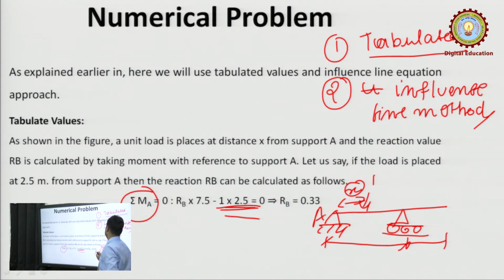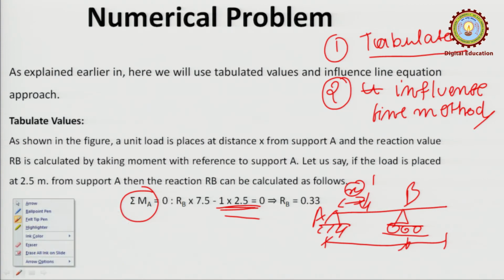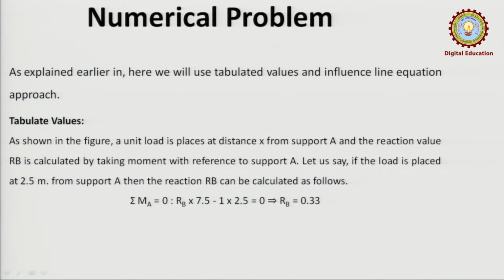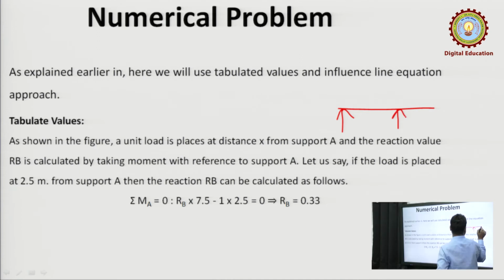Suppose this is a point A given, and this is the point B given. Both are given points. How can we calculate this? Take moment about RA. If we take a moment about RA, how can we find a moment?